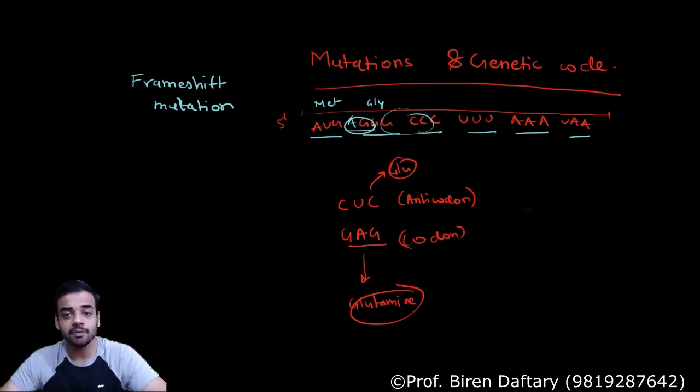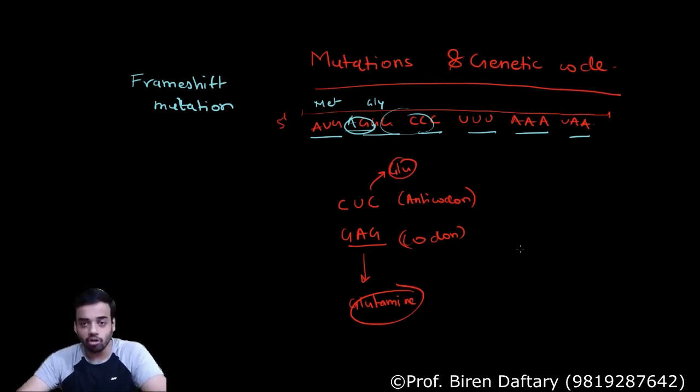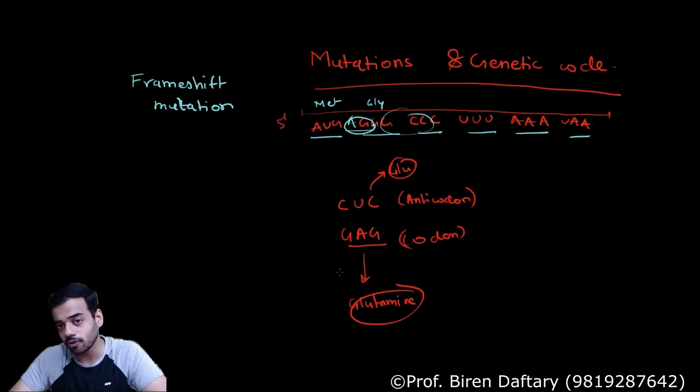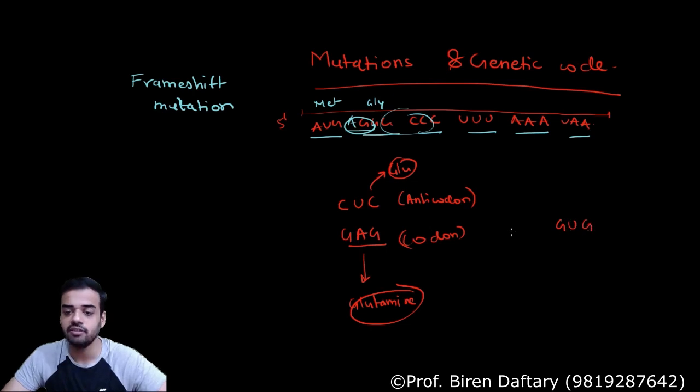Now this example which I am giving is about sickle cell anemia. People who have normal blood have this codon, whereas people who are suffering from sickle cell anemia have a point mutation. In this GAG, there is a substitution mutation in which GAG gets converted into GUG. So A gets substituted by U. So it is also a mutation.